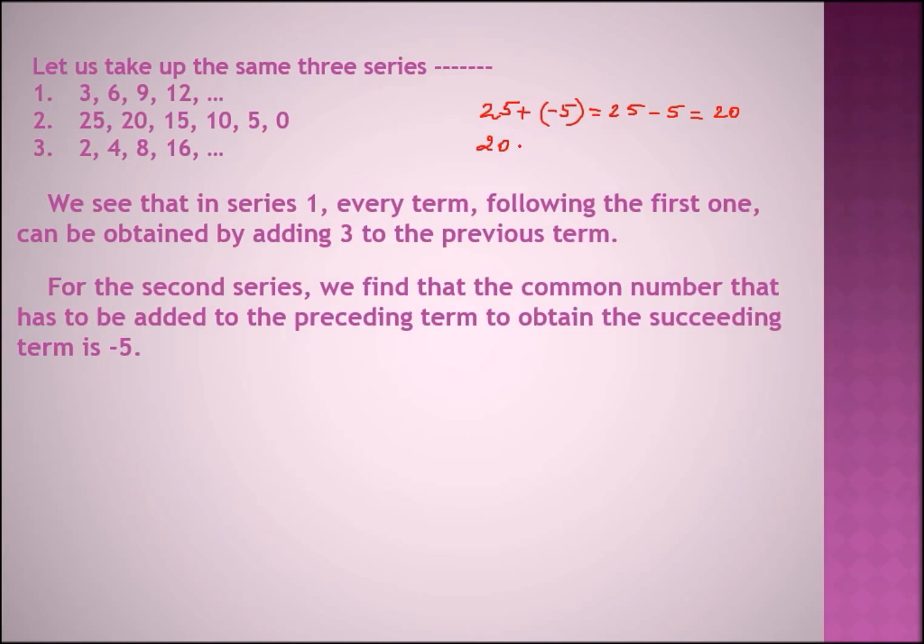Similarly, 20 plus minus 5 will give us 20 minus 5, which is 15. Again, 15 plus minus 5 will give us 10, then 5 and 0. So every time we are adding the same common number, that is minus 5, to the previous term to get the next term.